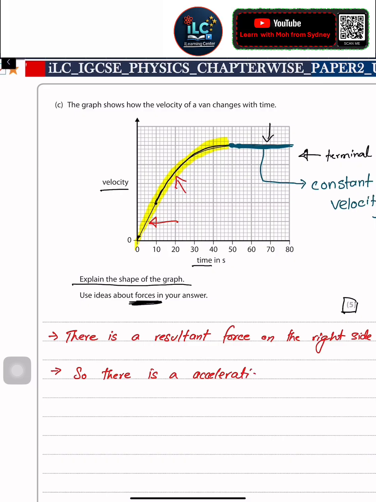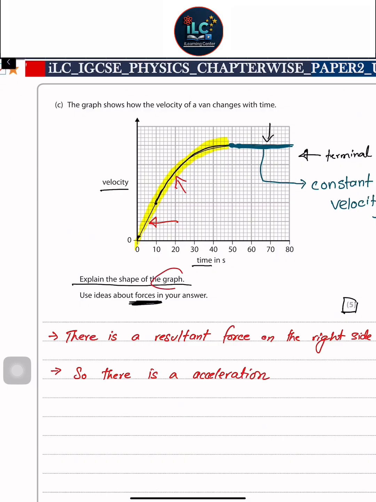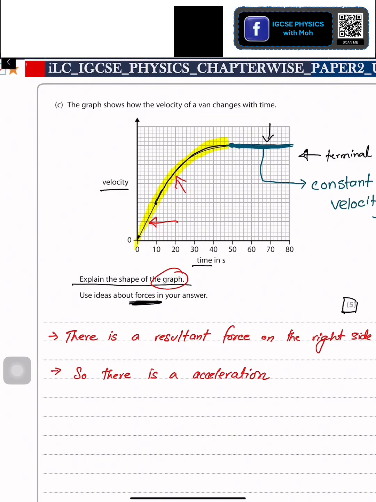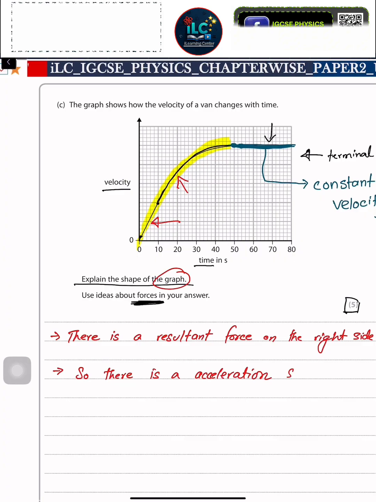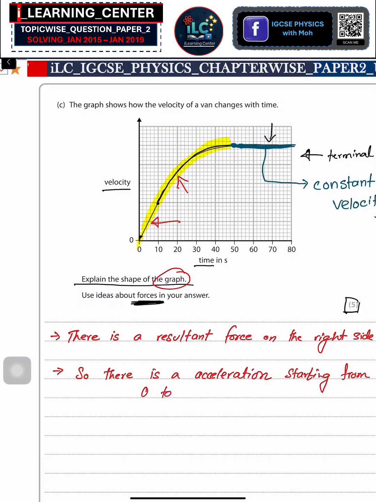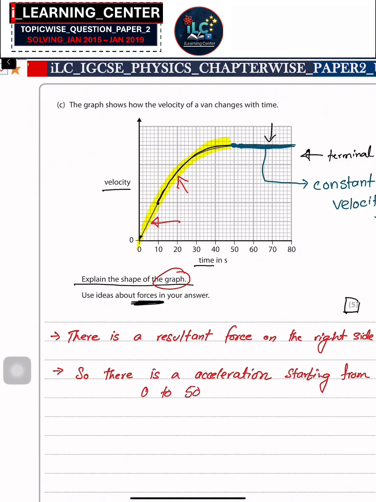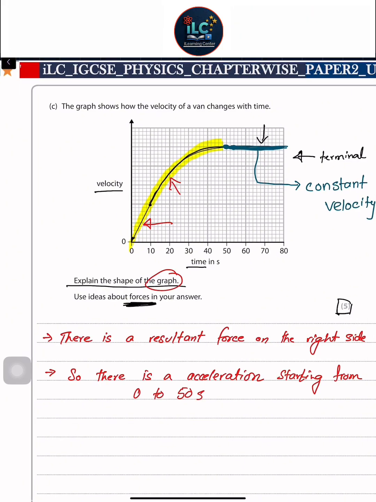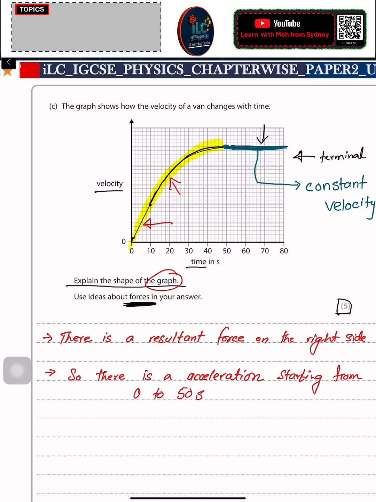Because they're asking you to explain the shape of the graph, you need to explain what till what point. That's what we discussed in the first. So I'll say there is an acceleration starting from 0 to 50 seconds.